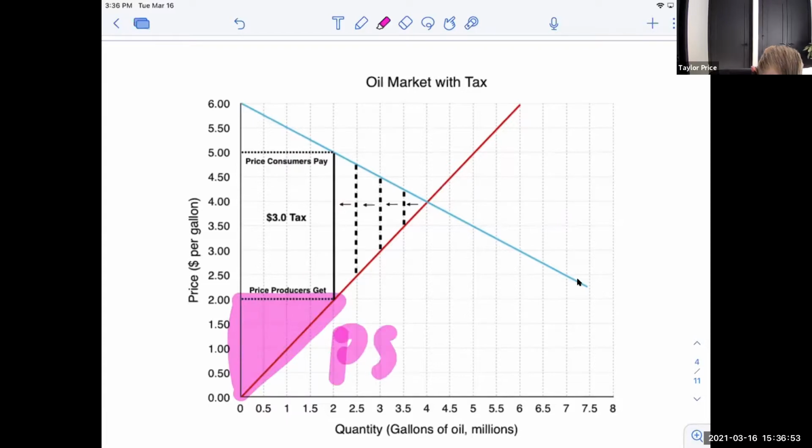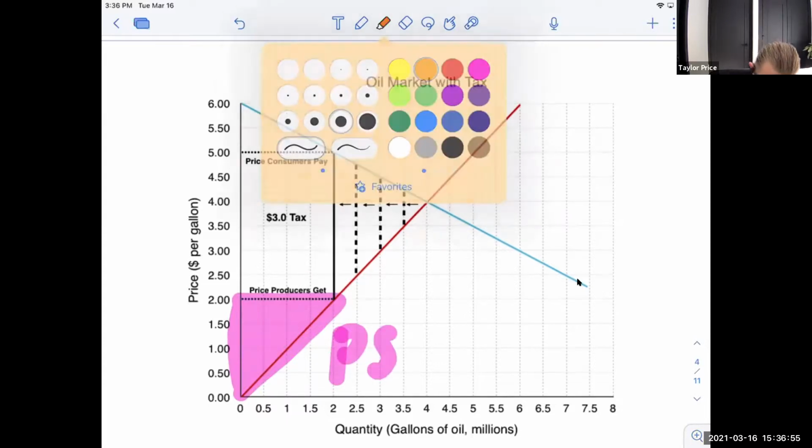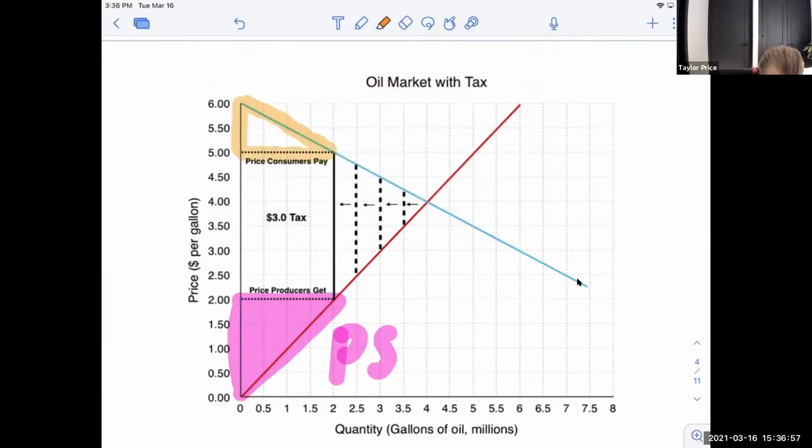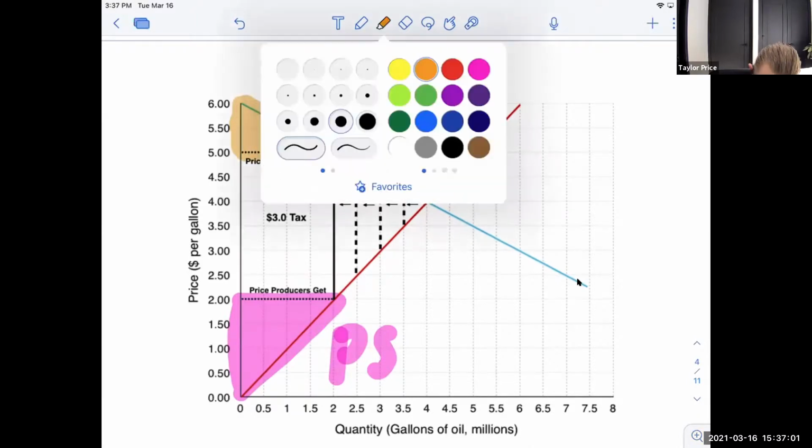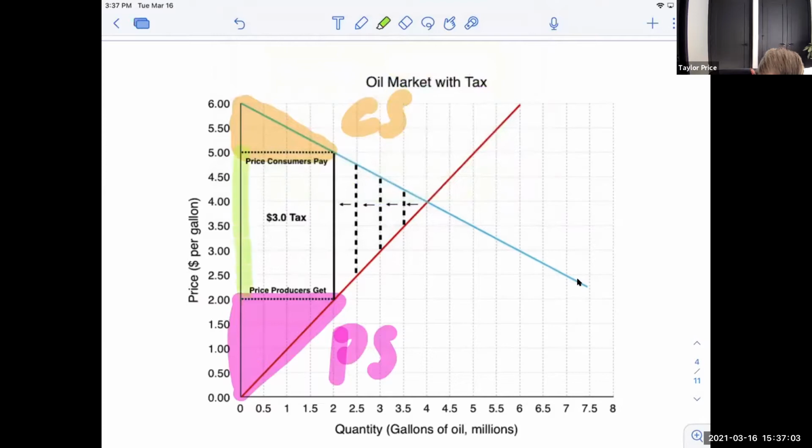So that'll be PS. This is going to be consumer surplus. This is going to be the government tax revenue. And then finally, this is going to be deadweight loss.